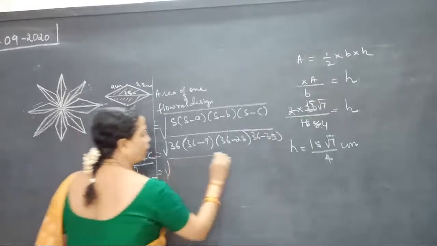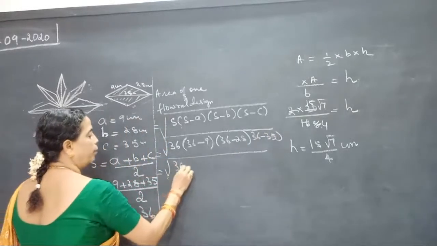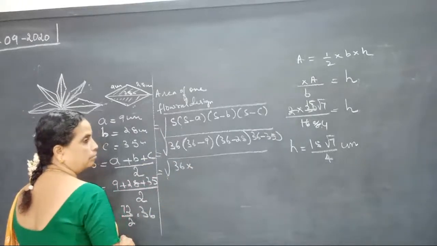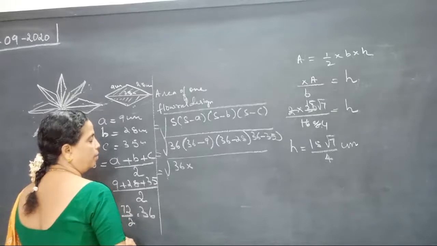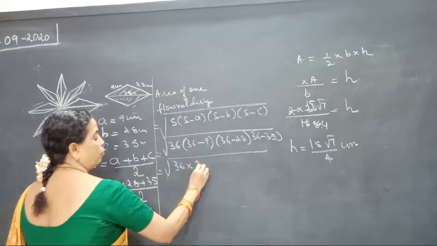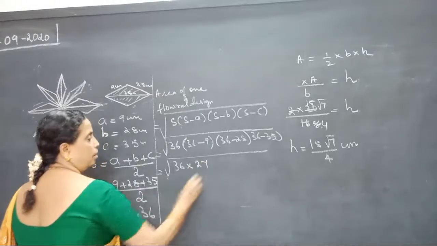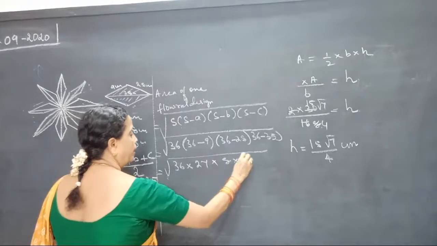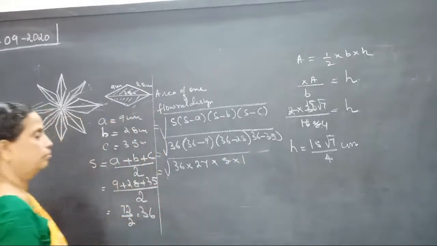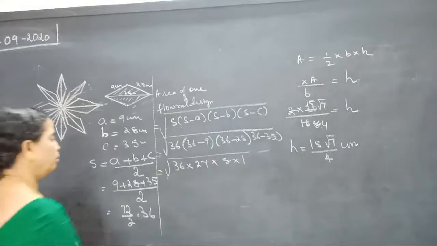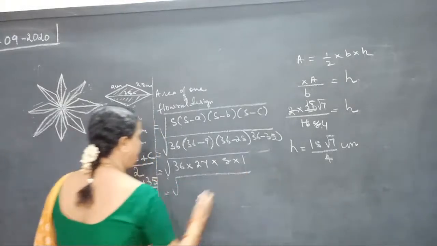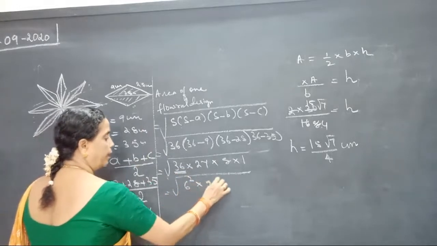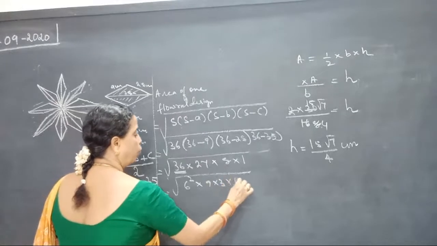It is root of 36 into 36 minus 9. What is 36 minus 9? 27. 36 minus 28 is 8 and 1. Now 36 can be taken as 6 square, 27 as 9 into 3, 8 as 4 into 2.